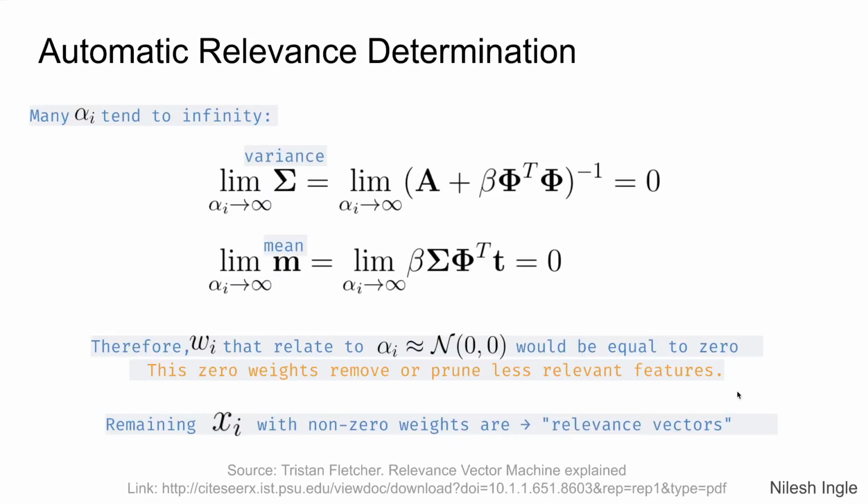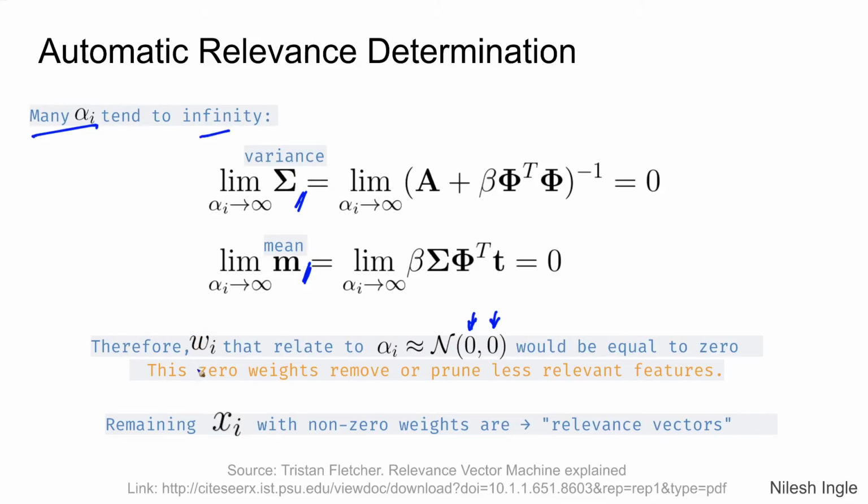And finally, if we look at this particular equation slide, many of the alphas tend to infinity, so most of the alphas can go up to the value of infinity. And so when we are looking at the variance and mean, which are based on alpha, as the distribution tends to zero mean and zero variance, in those cases the weights for those alphas would also be zero.